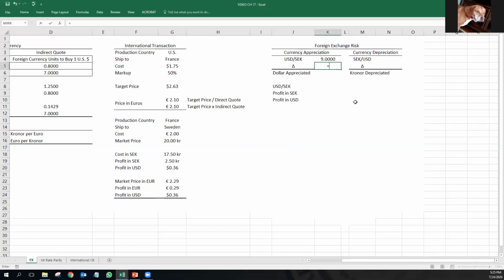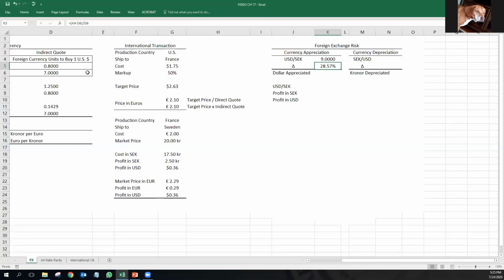So just like always, take new minus old divided by old, and that's a 28.57% change. It went from 7 to 9.